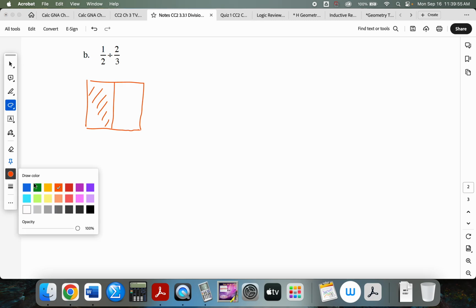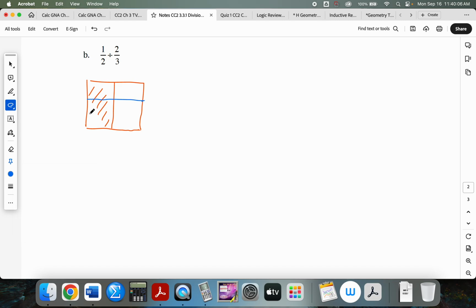Now, this is talking about thirds, so I need to still divide this into 3 pieces the other direction. So 1, 2, 3.